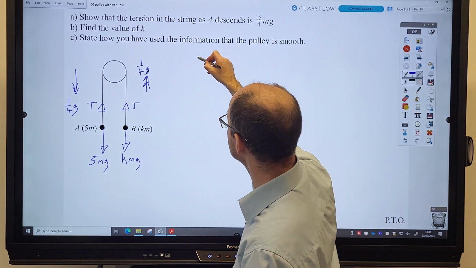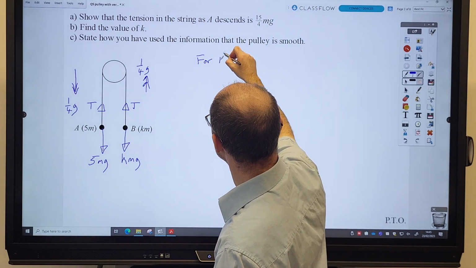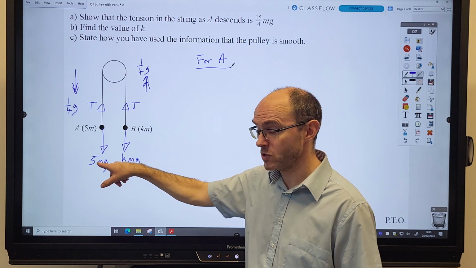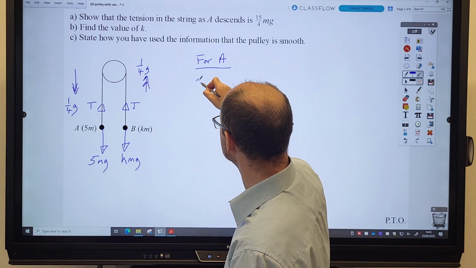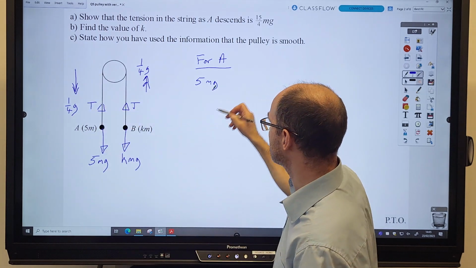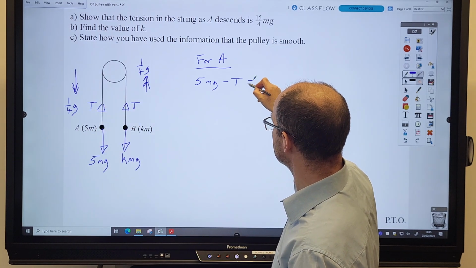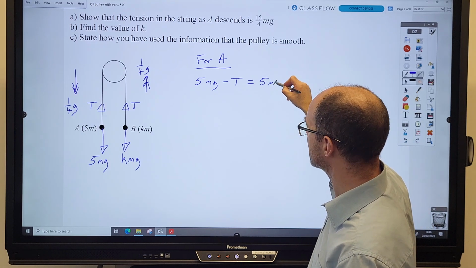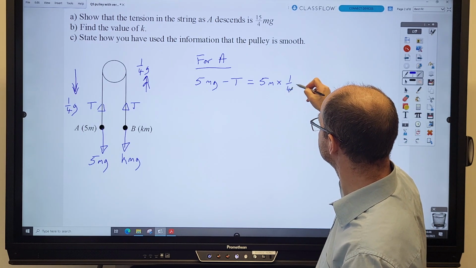So I'm going to begin with A. Particle A, and because A is moving downwards, 5mg will be positive. So 5mg, and then opposing that, subtract the tension, and that's equal to the mass times acceleration. So 5m multiplied by 1/4 g.